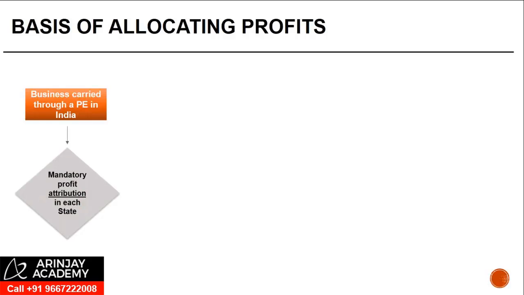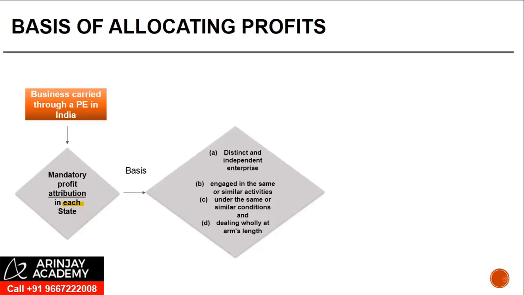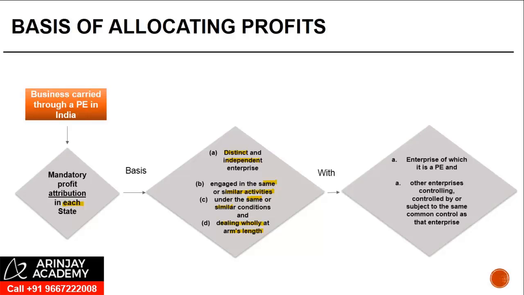If it is, then there's a mandatory profit attribution in each state, right? And what is the basis? The basis is you assume that PE were a distinct and independent enterprise. It was engaged in same or similar activities, right? Under same or similar conditions and dealing wholly at arm's length with the enterprise of which it is a PE and other enterprises controlled by or subject to the same common control as that enterprise.